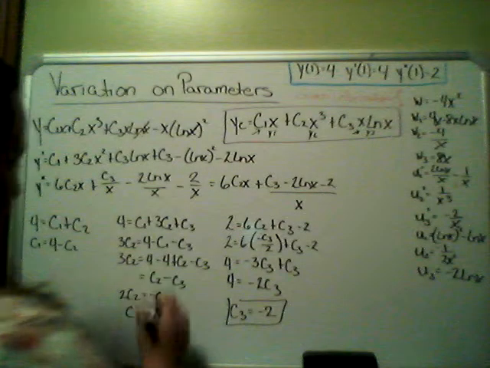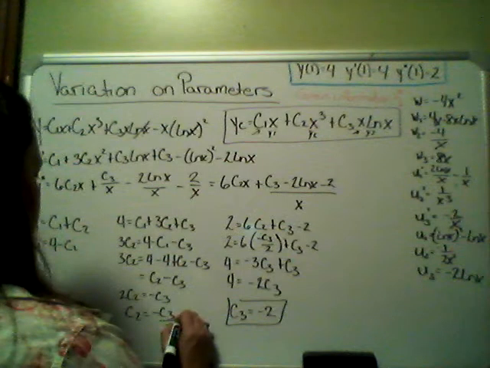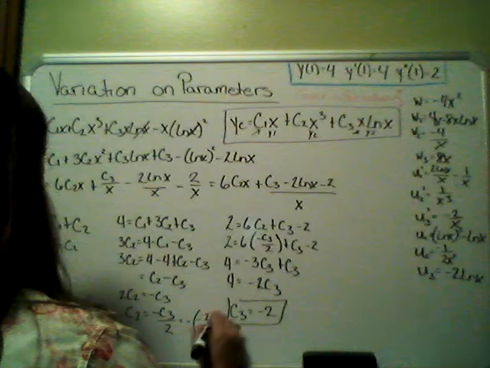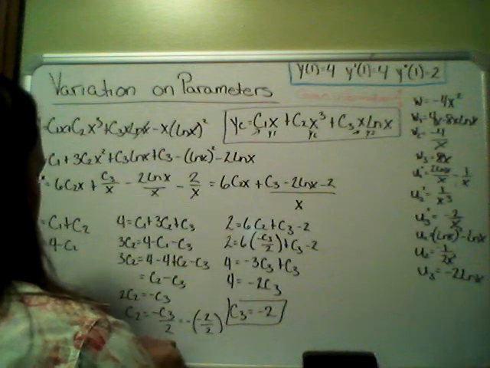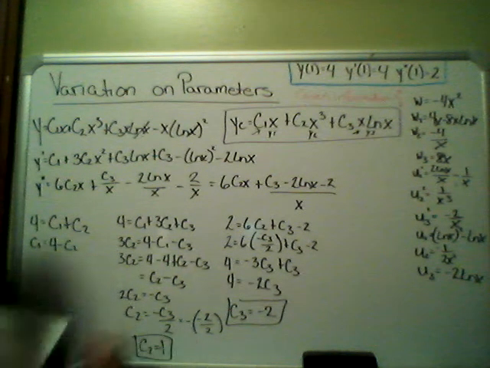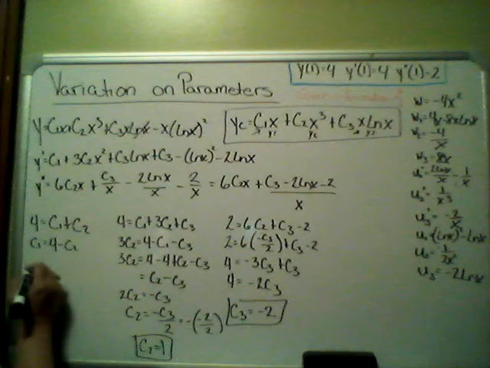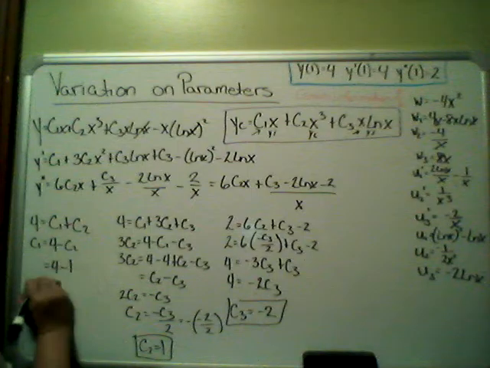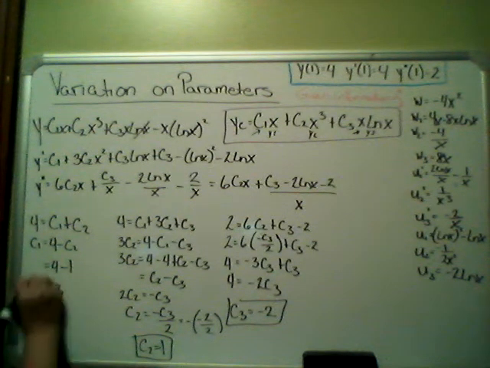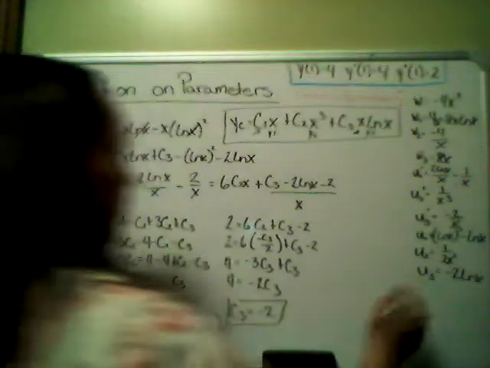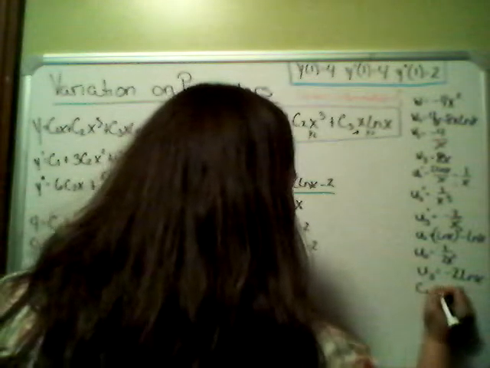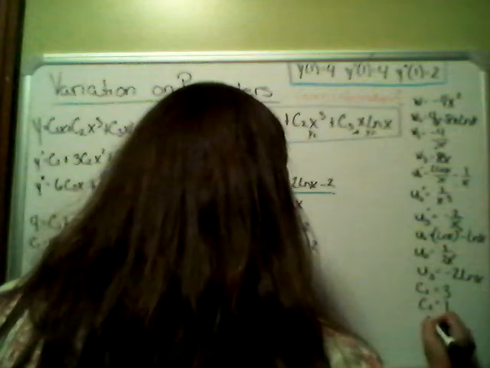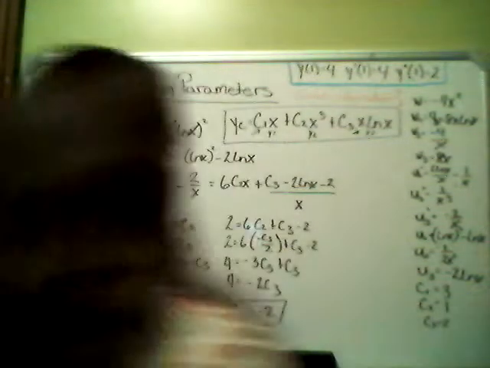Now we'll take that and plug it into our C2 equation, so that this then will equal a minus 2 over 2. And so C2 is equal to 1. And from there, we can come over here and solve for C1, because it's going to equal 4 minus 1. So C1 equals 3. Go ahead and add this to what we've been doing over here. So C1 equals 3, C2 equals 1, and C3 equals minus 2.